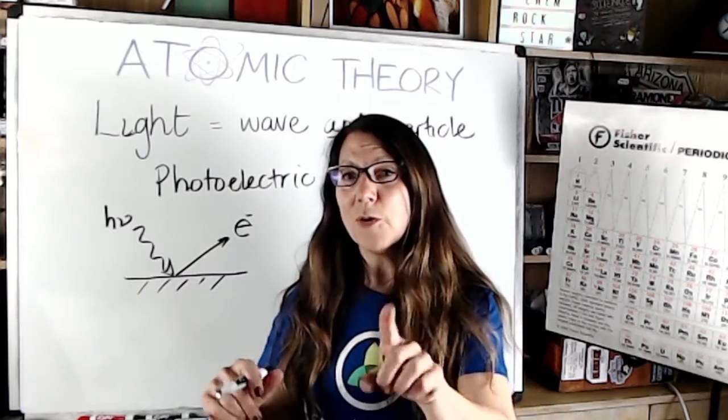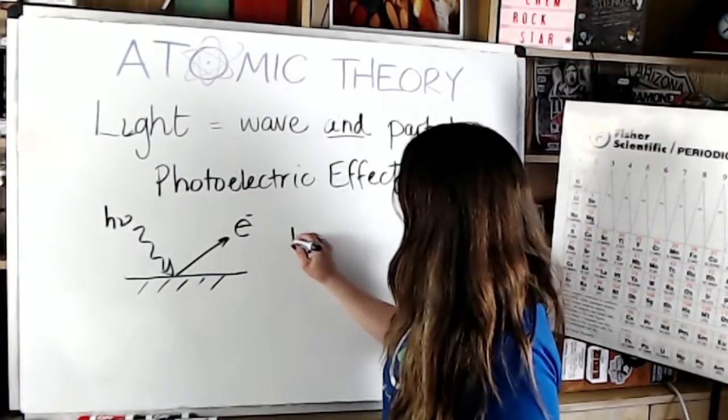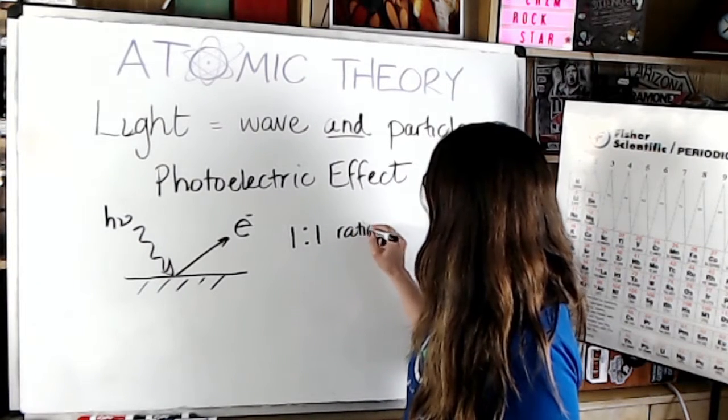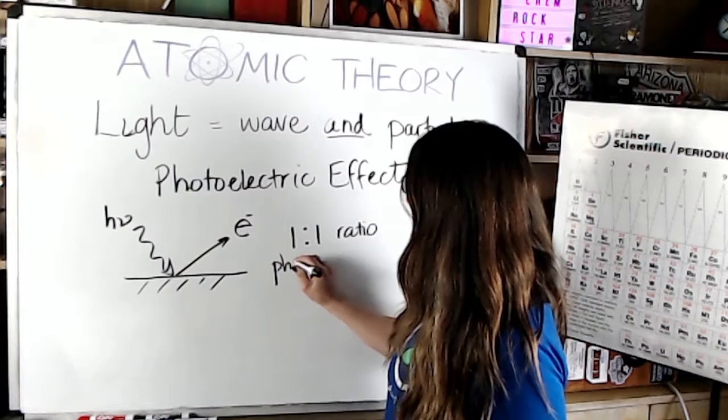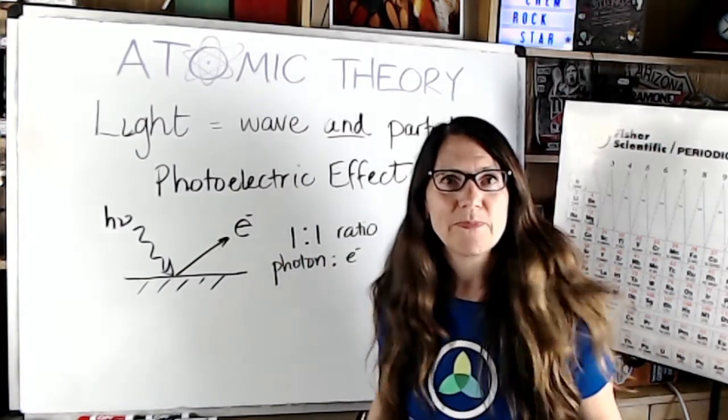So what was noticed, in a series of experiments, was a 1-to-1 ratio of a photon to an electron.